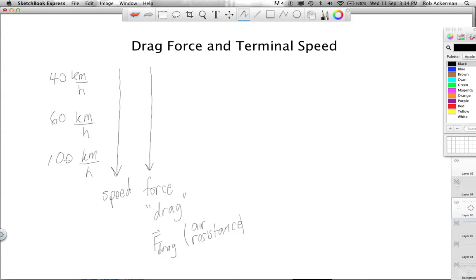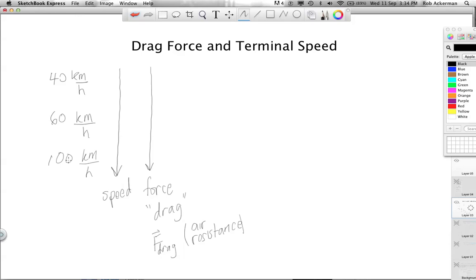As you go faster and faster, your hand gets blown back. But something interesting happens if you now turn your hand so that your palm is facing down toward the road. Now it's just your fingers or the side of your hand, maybe your thumb, that's sort of cutting through the air, almost like an airplane wing. And now all of a sudden, there's a lot less force that's pushing on your hand.